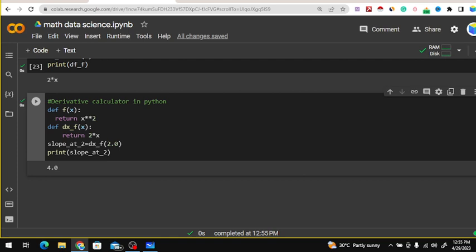So if we want to keep using SymPy, we can call the subs function to swap the x variable with the value 2, similarly calculating the slope at x equal to 2.